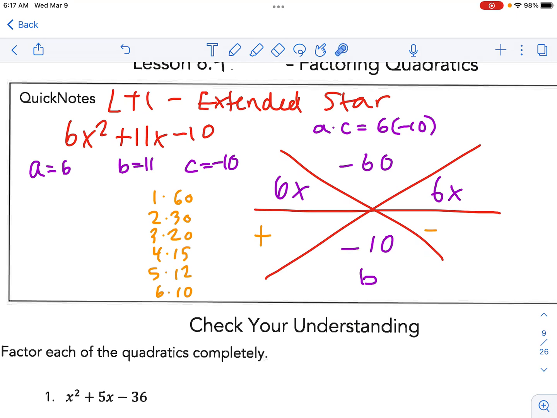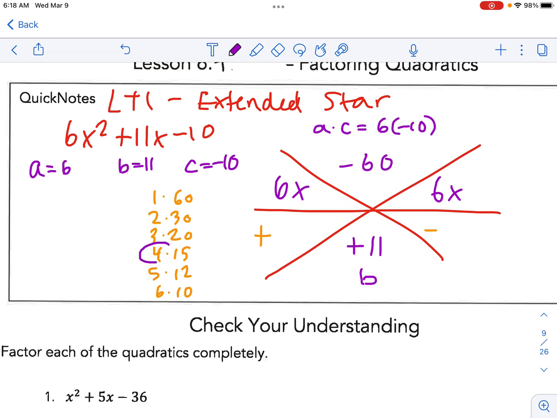I have A times C written here. That causes me to focus on these, and I did not write B here, and that made me get a little confused when I was referencing my coefficients. So it's a good opportunity. My mistake is paying off. Hopefully you don't fall into that pitfall. So this needs to be positive 11.